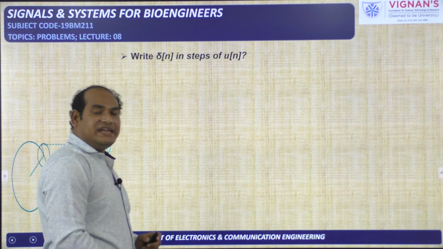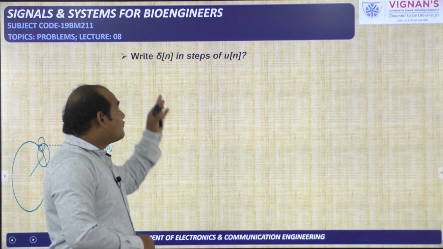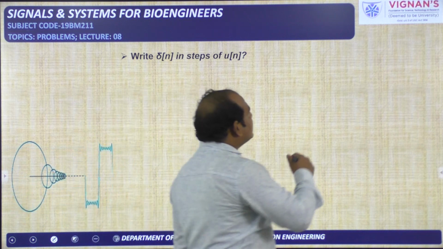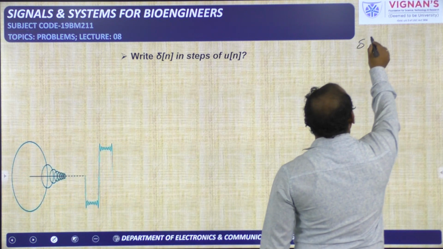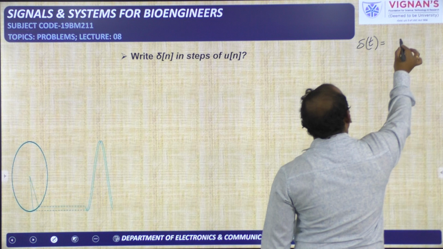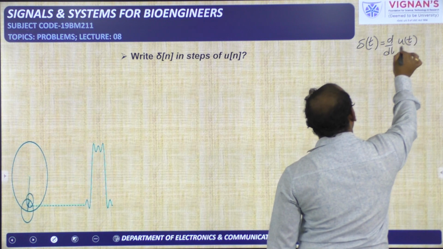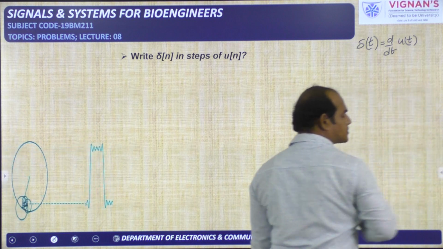Now we need to represent del of n in terms of u of n. Already we have represented del of t in terms of u of t. What is the relation between these two? It is the derivative or integration relation.